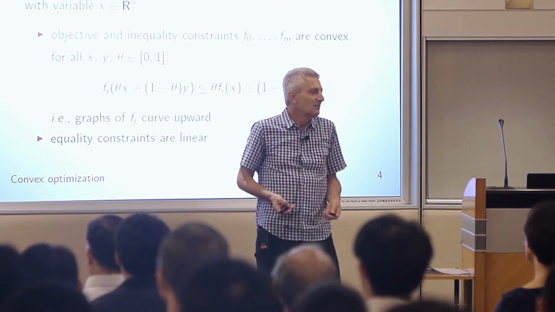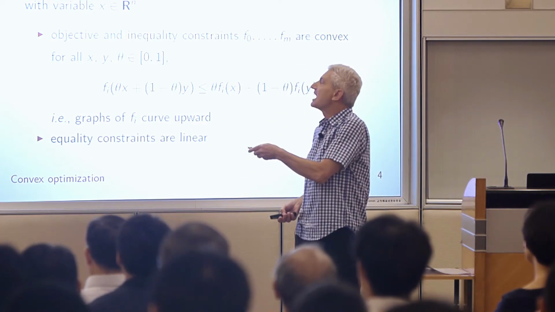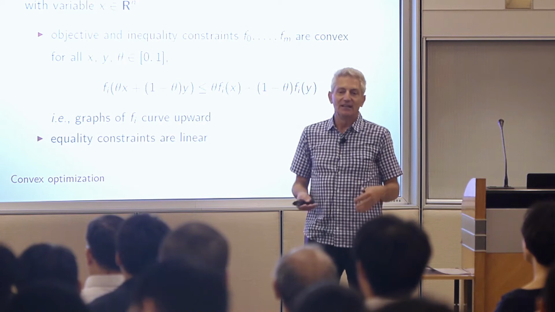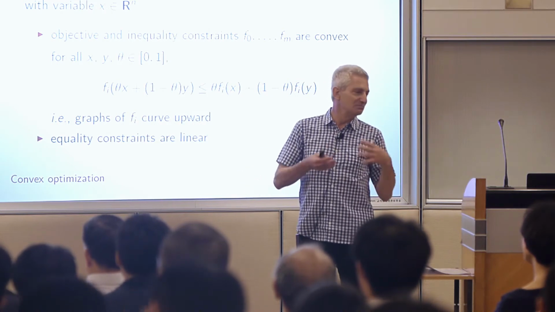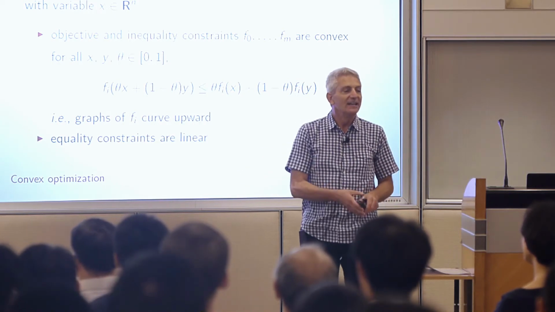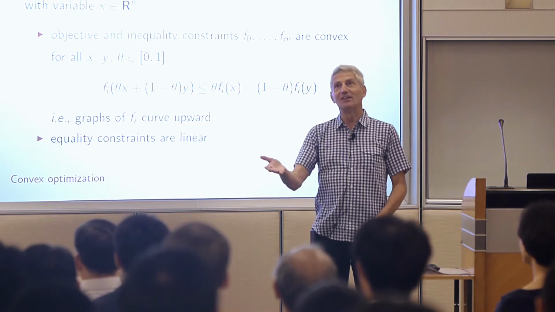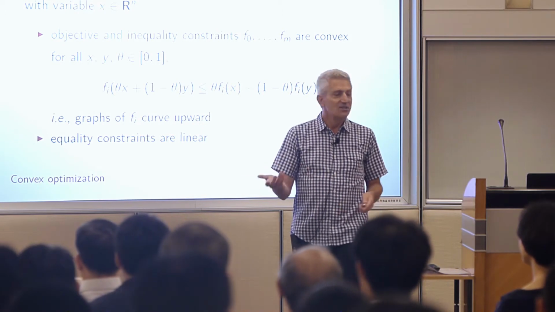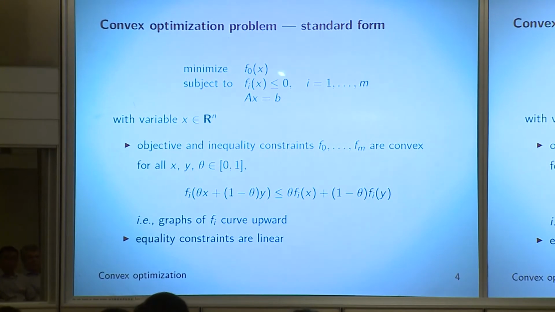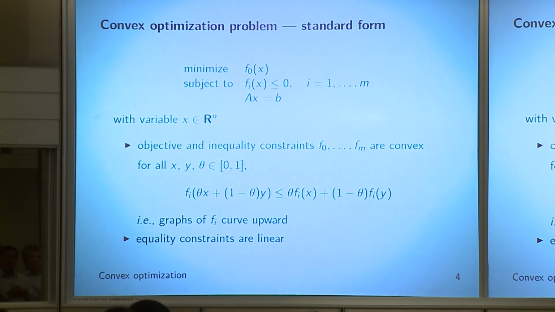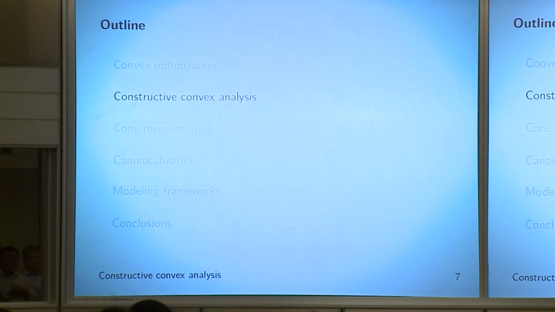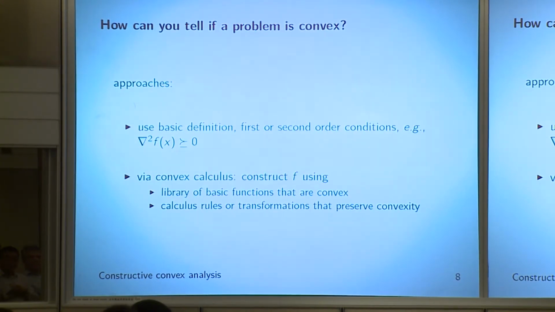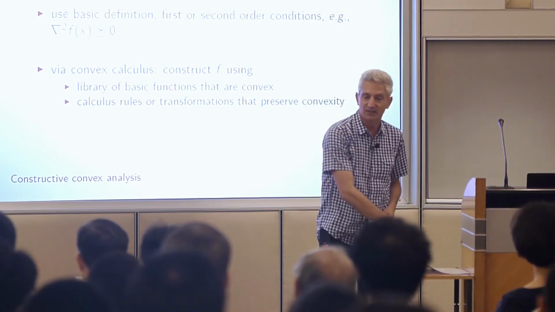Or this is the side lobe level in antenna array beam forming, and you'd like to know, is the side lobe level a convex function of the weights? So what you have to do, essentially, is know if some given function in an application is convex or not. So you have to determine that. And this is what a lot of the class, if you take a class on this, would focus on.